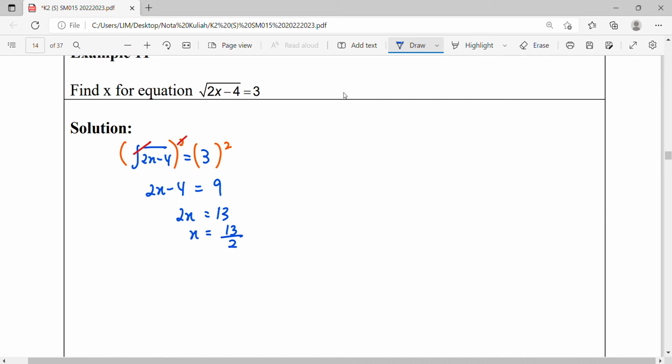After this step, you have to do your checking. How the checking works: we check the left hand side, what is that, and the right hand side, what is that. The right hand side is very obvious, it is the value of 3. For the left hand side, we have to substitute back our x value.